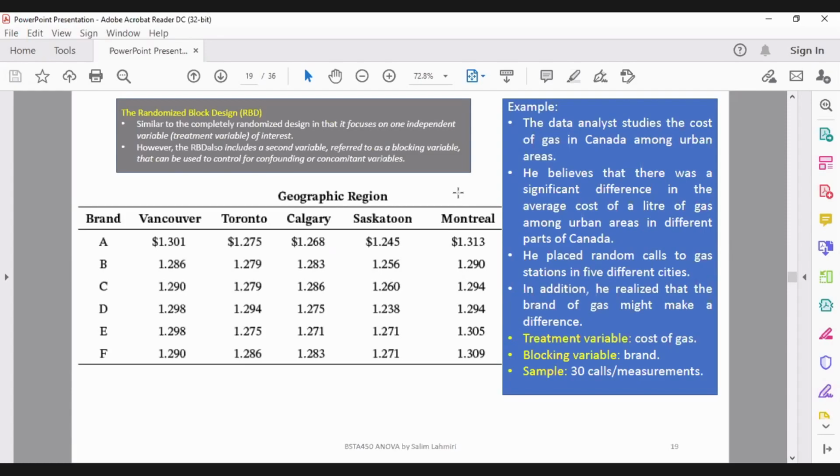For blocks, we need to check whether the mean of A is equal to the mean of B, is equal to the mean of C, is equal to the mean of D, is equal to the mean of E, is equal to the mean of F. So for treatments, we need to check if averages across columns are equal, and for blocks, we need to check if means across rows are equal. Okay? Any question regarding this?